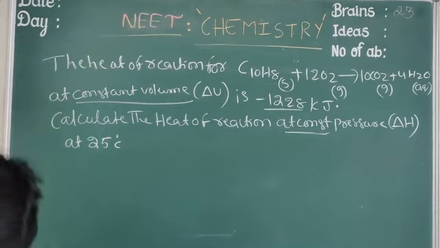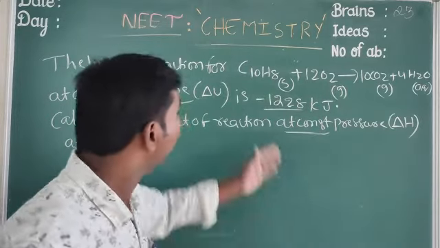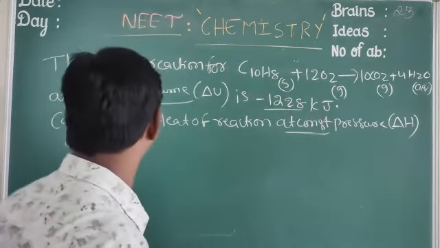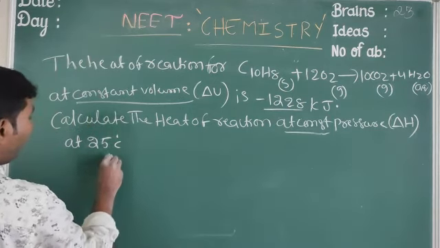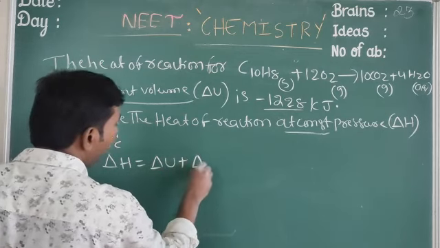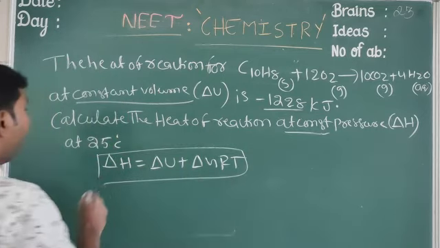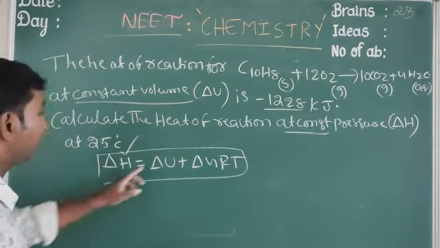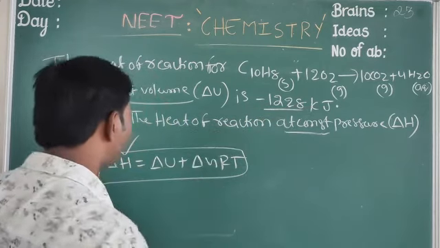Okay, R value. This is kilocalories. Kilojoules also we can take, no problem. At 25 centigrade, now write down the formula: del H equals del U plus del n R T. We have to find del H. Del U they have given as minus 1228 kilojoules.